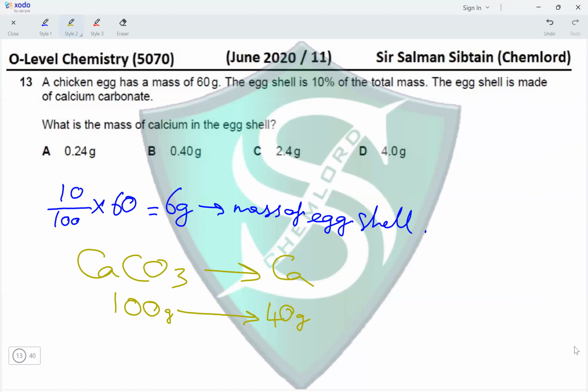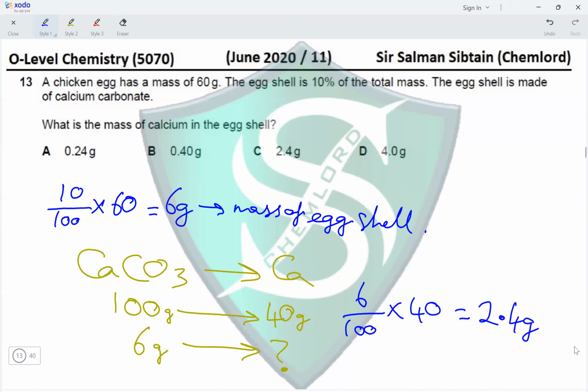In the eggshell, we have 6 grams of calcium carbonate present. So how many grams of calcium would that contain? This would be 6 upon 100 into 40. This will give us a value of 2.4 grams. So based on this calculation, the correct option for this question is option C.